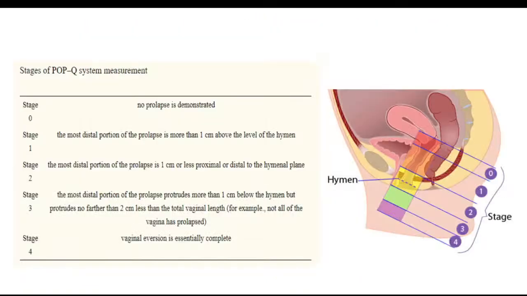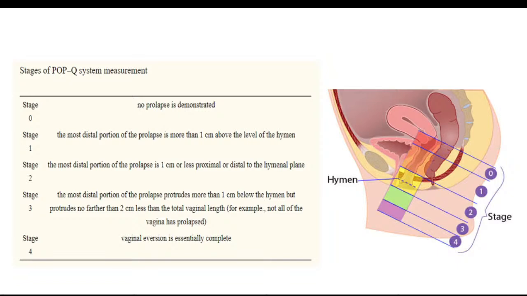Stage 1, the most distal portion of the prolapse is more than 1 centimeter above the level of the hymen. So if the most distal part is 1 centimeter above the hymen, we can say it is a stage 1 prolapse. But still, the genital organs, uterus, is located inside the vagina, above the hymen, or remnants of the hymen.